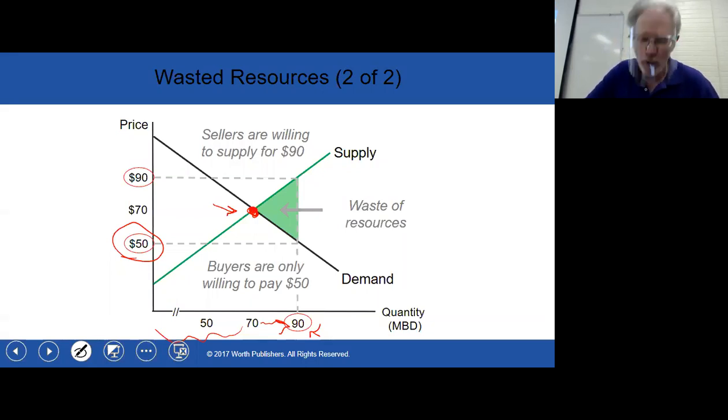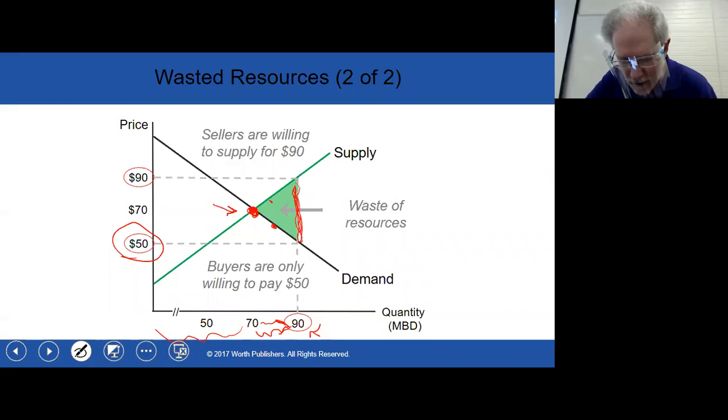The answer is no. That gap isn't a gain from trade, that's a loss from trade. That's an inefficiency due to something being produced that is not worth what it is costing. And that would apply to all of these last 20 units. The cost of producing them exceeds the value or the benefit to consumers.